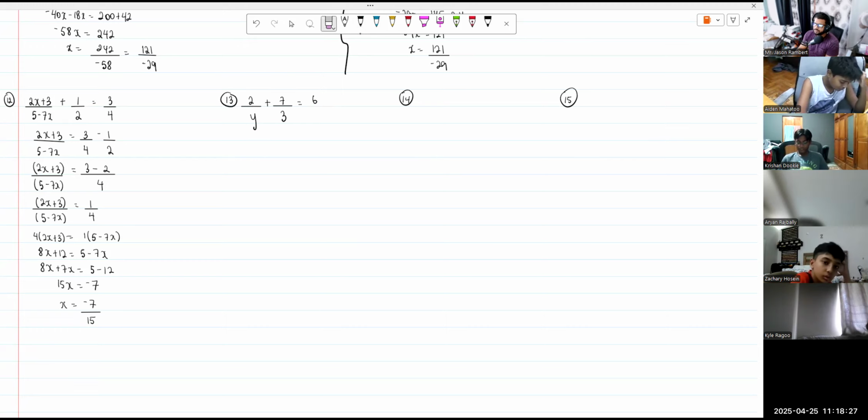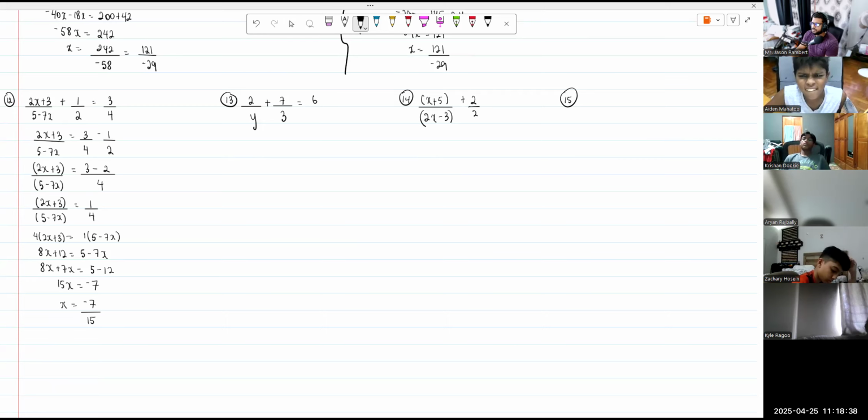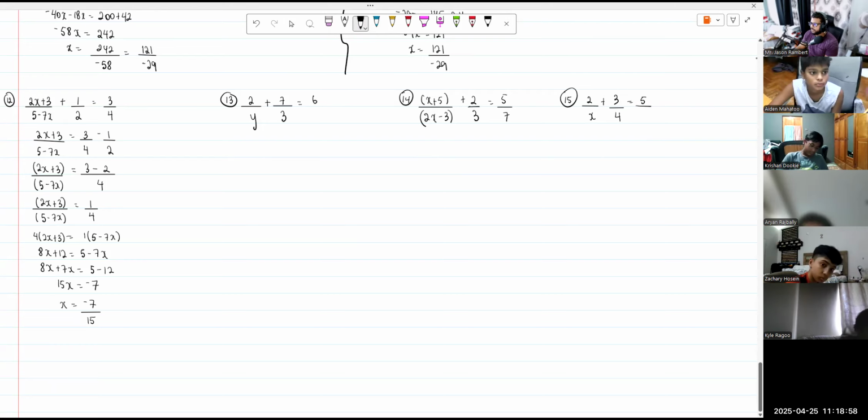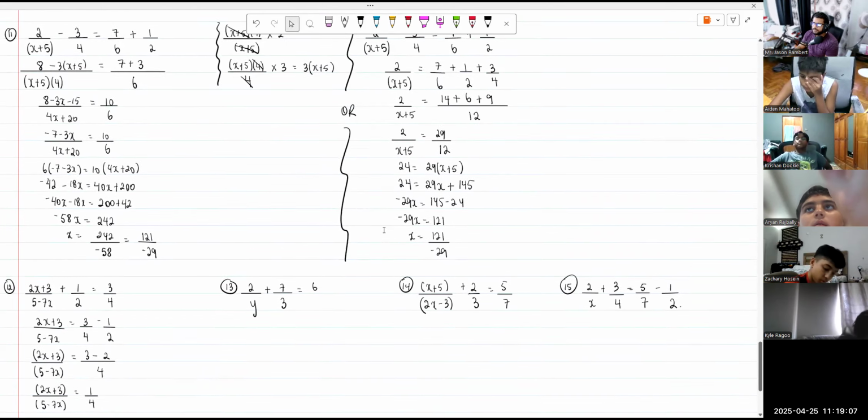Let me just leave it at 6. x plus 5 over 2x minus 3 plus 2 thirds is equal to 5 over 7. 2 over x plus 3 quarters is equal to 5 over 7 minus 1 over 2. All right, so I just mix it up a little bit for you guys.